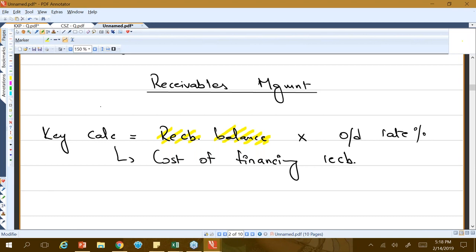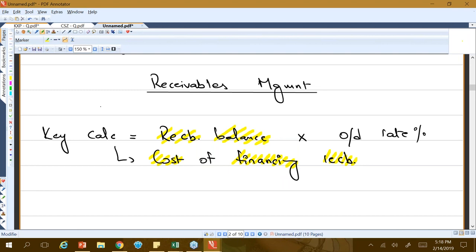What we are going to do is borrow the equivalent from the bank as an overdraft and pay interest on it. And that is why it is called cost of financing the receivables.